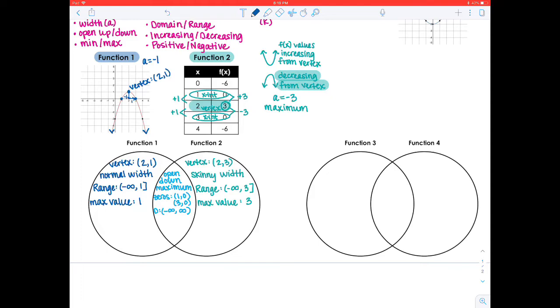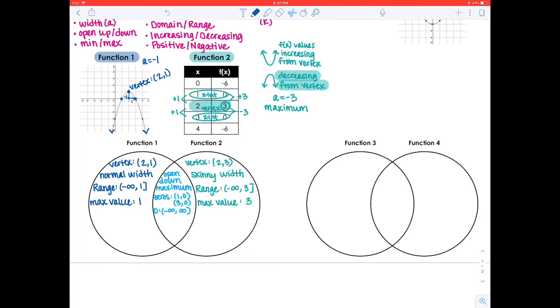So for function 1, my increasing interval, that's on the left side of the parabola. So that's from negative infinity all the way until 2. Remember, you use your x values, okay? Well, function 2, the x value of its vertex is also 2.